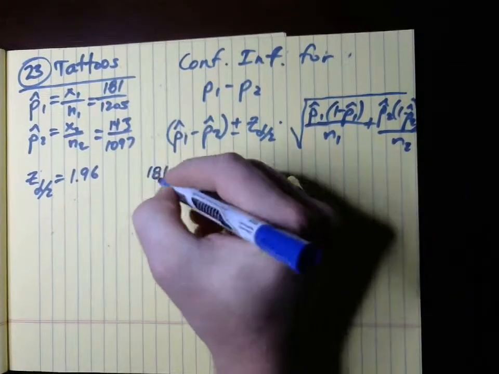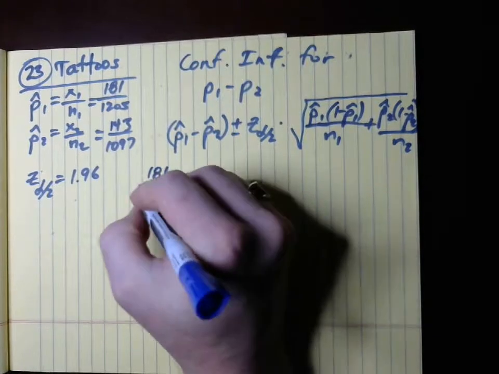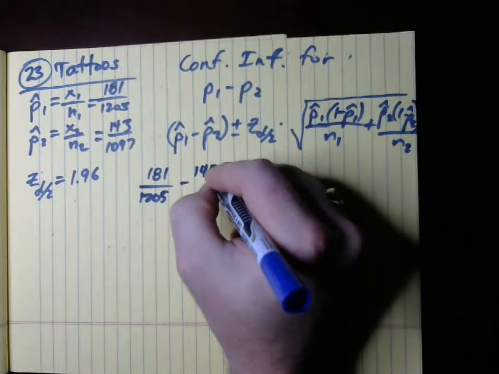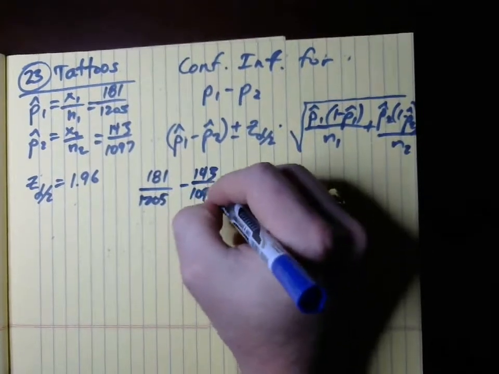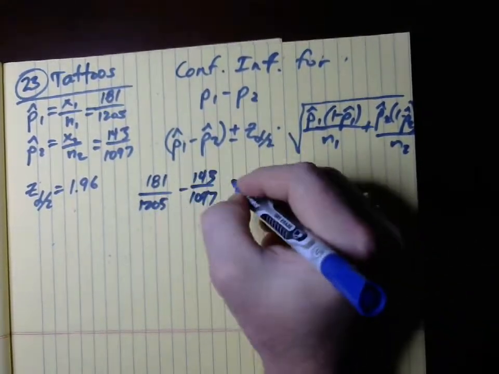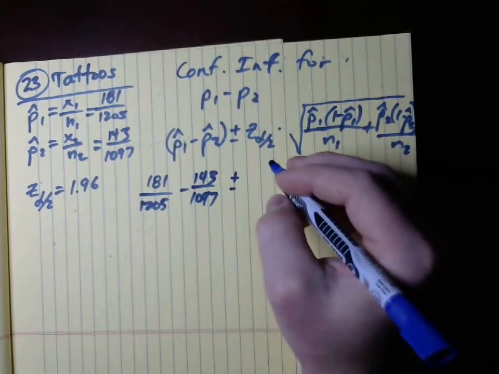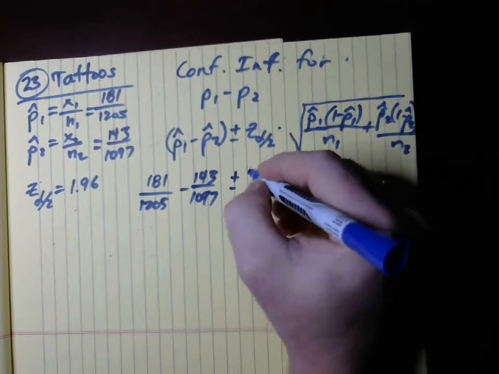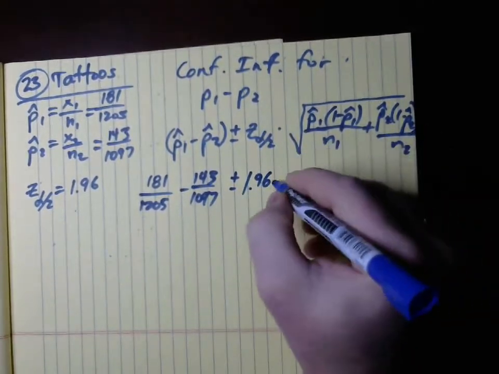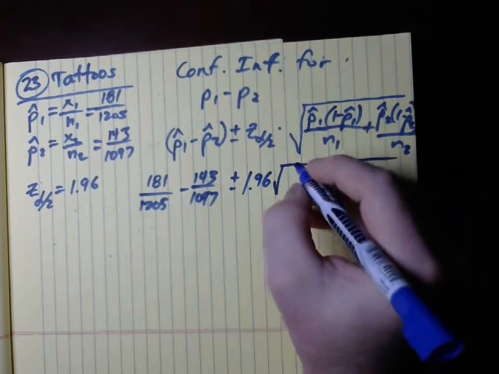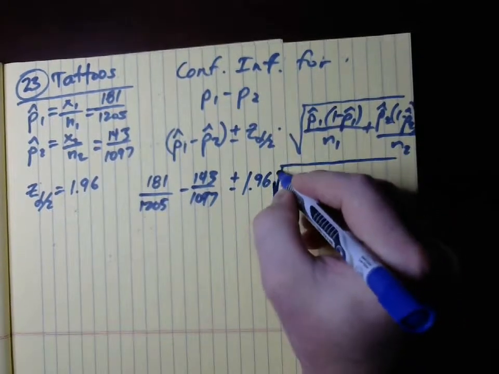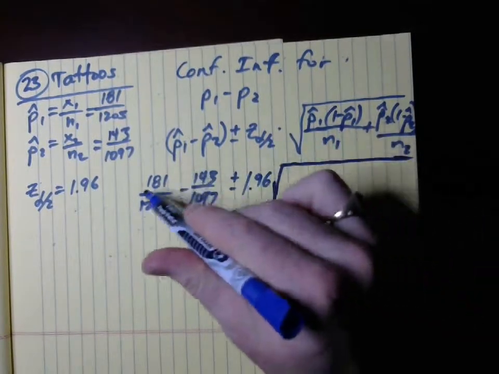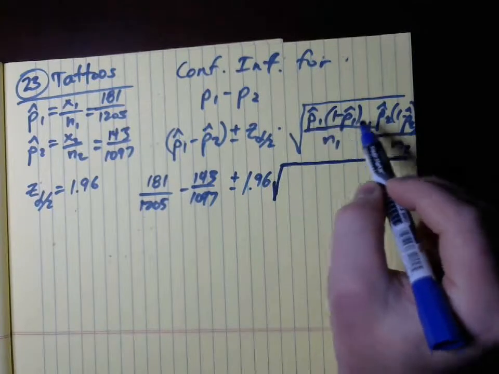So 181 divided by 1205 minus 143 over 1097 plus or minus 1.96 times, now I'm going to let you go ahead and plug in the appropriate values here.